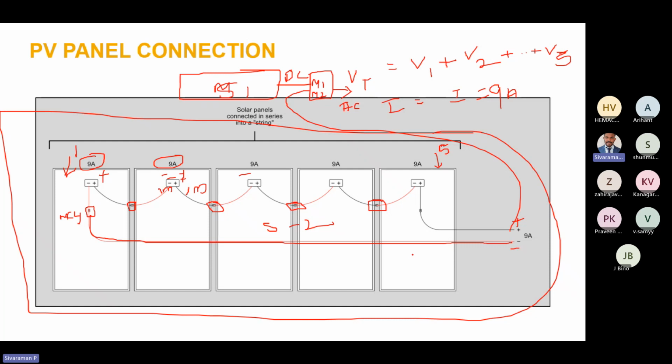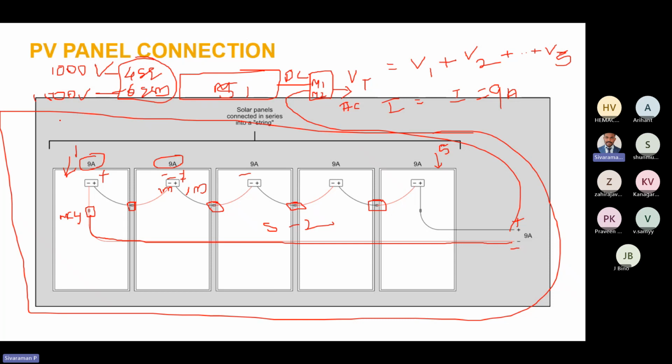On the AC side, no problem, but on the DC side, we have to use only solar rated cables. The cable is available for 1000 volt systems, in 4 square mm and 6 square mm, and for 1500 volt, again 4 square mm and 6 square mm. Both are available in the market.